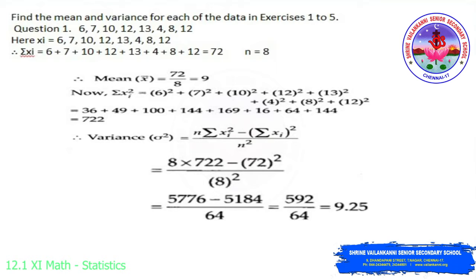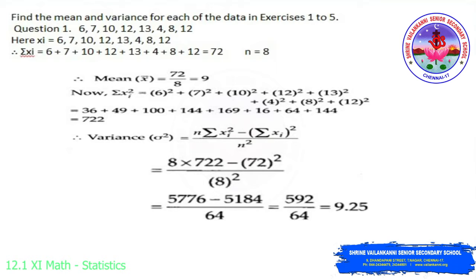Now we are going to find the variance. Variance sigma square equals n into sigma of xi square minus sigma xi whole square, by n square. Here sigma xi square is the sum of the squares of the numbers, which is 722, and sigma xi is the sum of the numbers, 72, whole square. So it is 8 into 722 minus 72 whole square by n square.